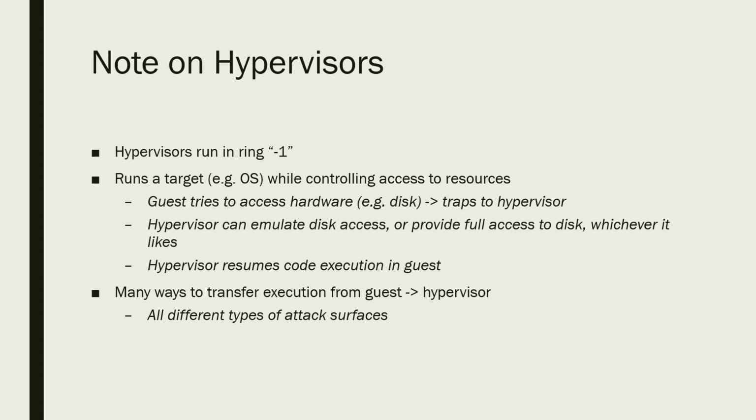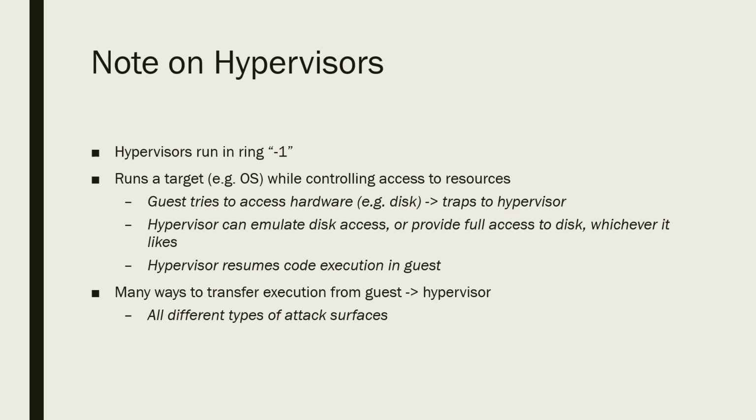So I briefly mentioned hypervisors: there are lots of emulation capabilities and intercepts that hypervisor code needs to pass and support in order to properly manage virtual machines and provide isolation between them. Because of this, there's a lot of attack surface between guest VMs and hypervisors.